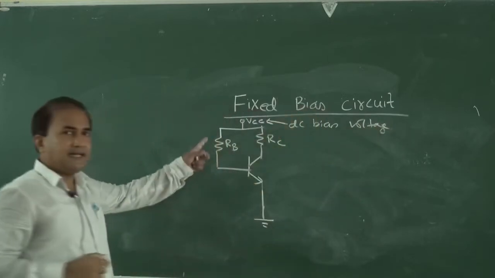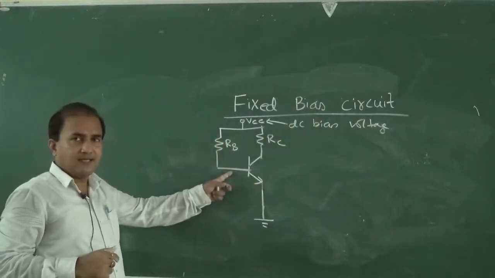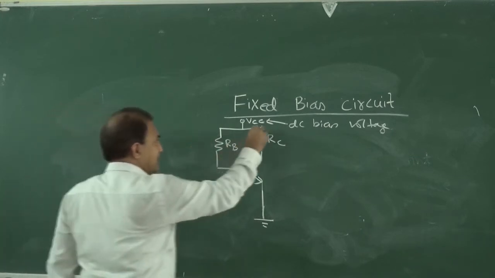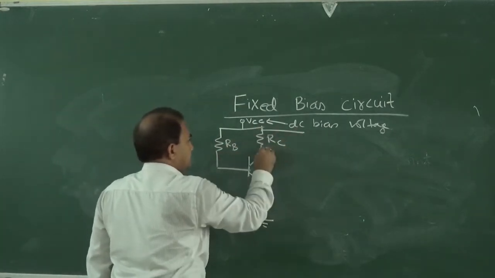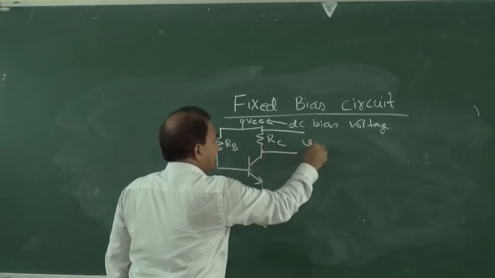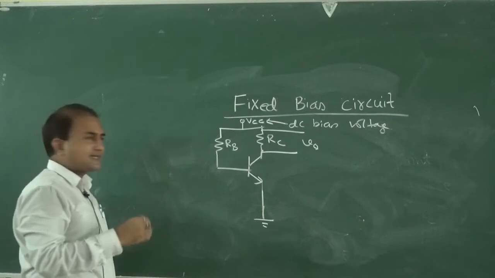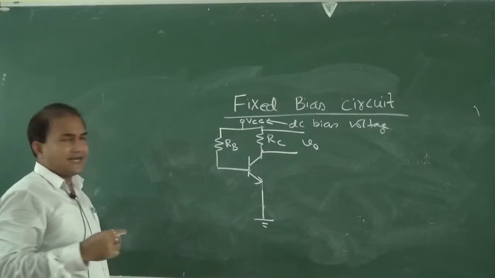RB is the series resistor, and across RC we are taking the Vout. So this is the circuit diagram of the fixed bias circuit.